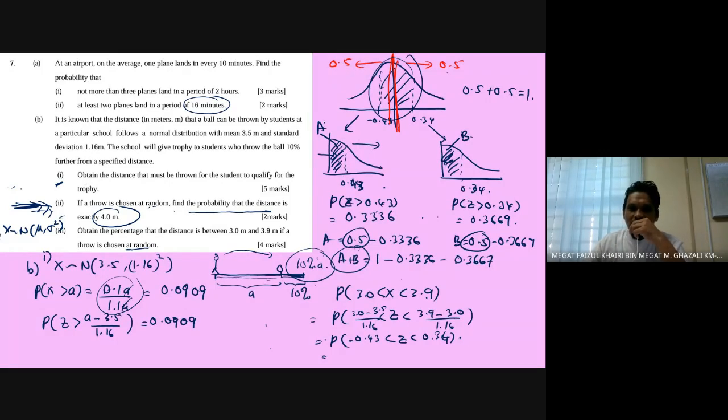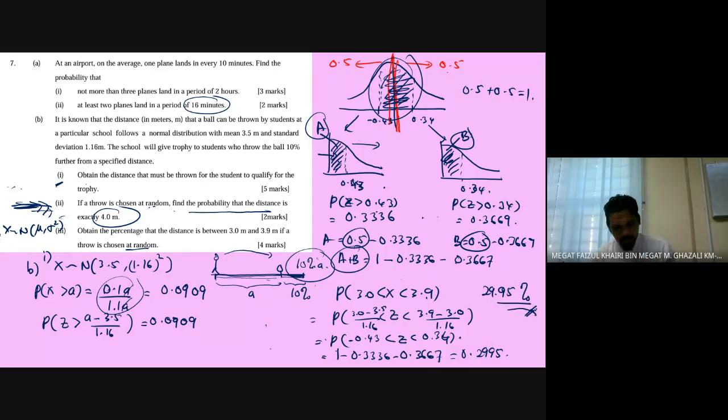So 1 minus 0.3336 minus 0.3669 equal to, come on class, the last one here, 0.2995. So in percentage, times 100, for question number 3B here, it is 29.9%. There you go.